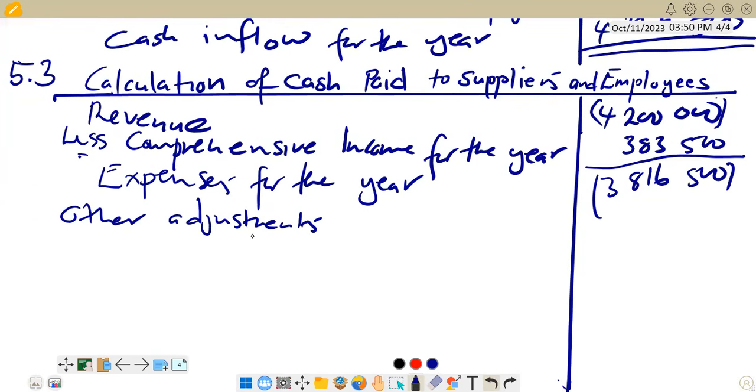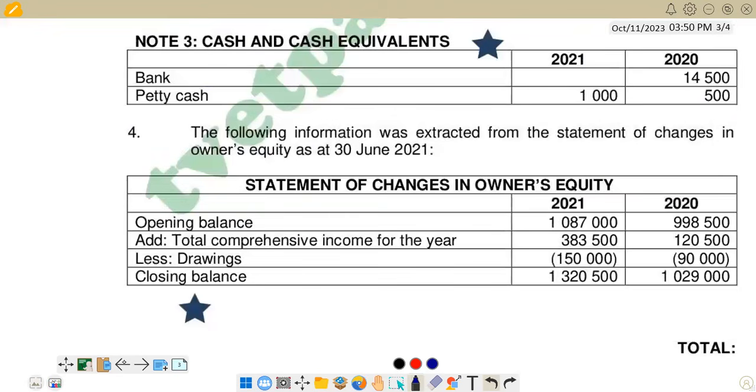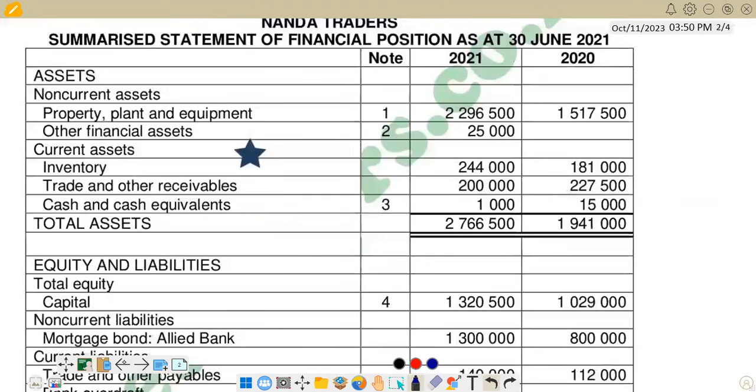We are going to start with interest on overdrafts. So we go back to our question to find out the figure that we have for interest on overdrafts. Let's try to go down, check the figure that we have there.